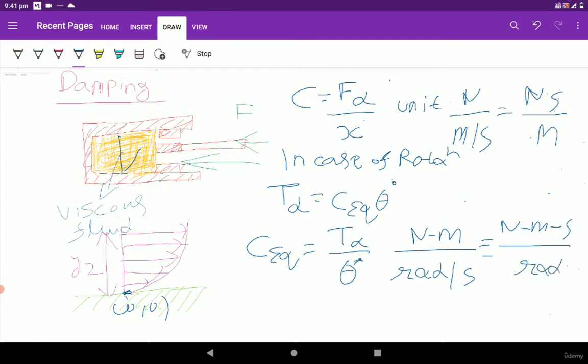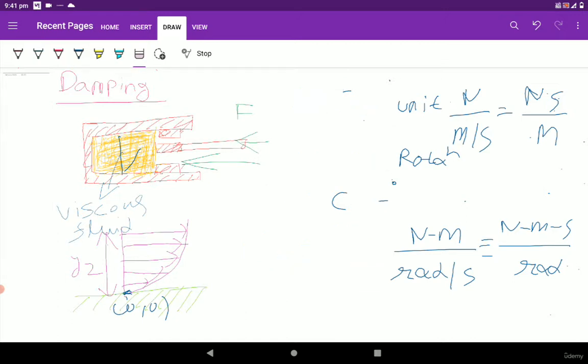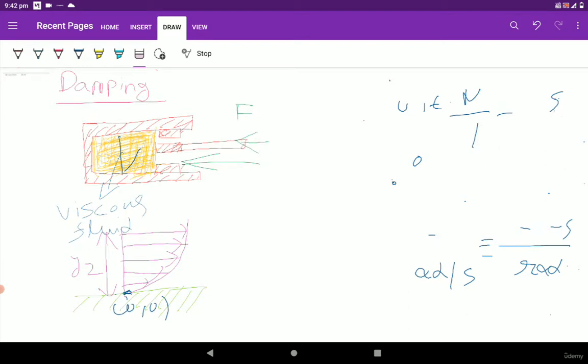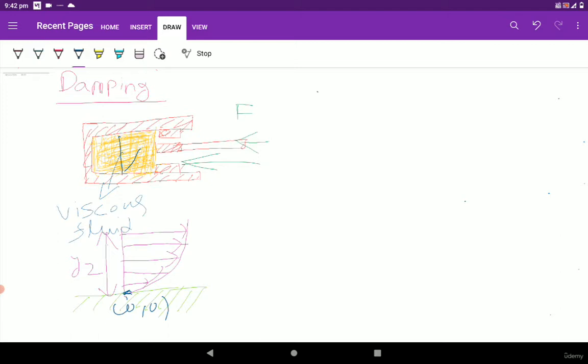There are a few keep-in-mind points you should remember. Let me erase this first. In the case of inertia, there is the existence of kinetic energy. Kinetic energy can be translational kinetic energy or rotational kinetic energy.